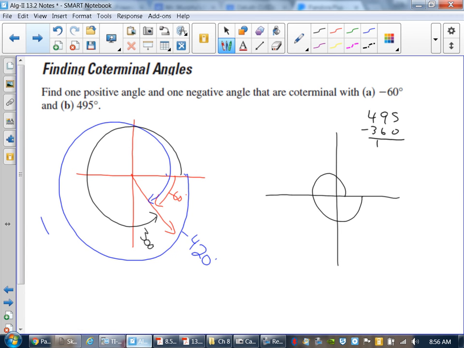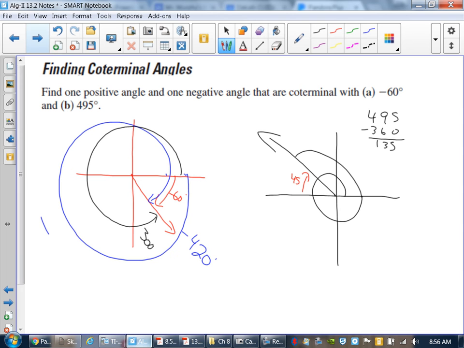I've got another 135 to go, correct? 135 degrees to go would be halfway into quadrant 2, wouldn't it? It'd be halfway into quadrant 2. Now, how far is that off of the x-axis then? If you're up in the second quadrant, you're how far from the x-axis? You're 45 degrees off.